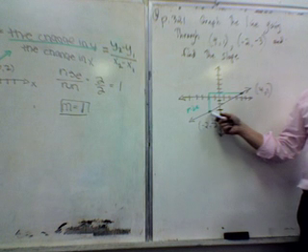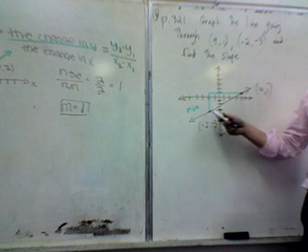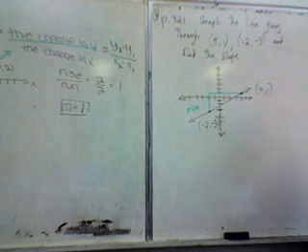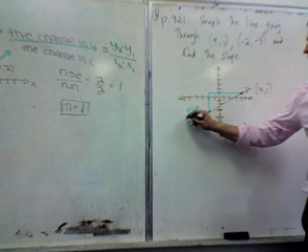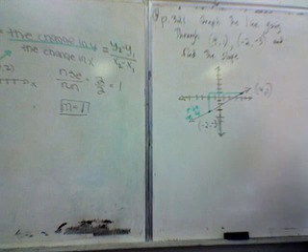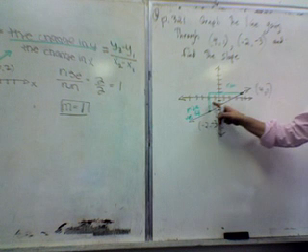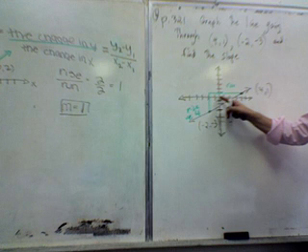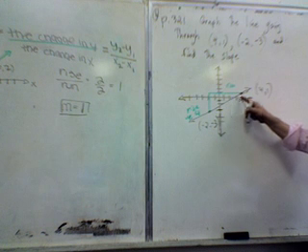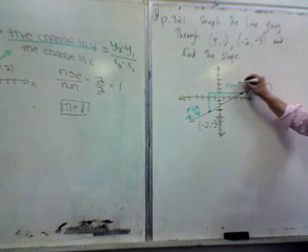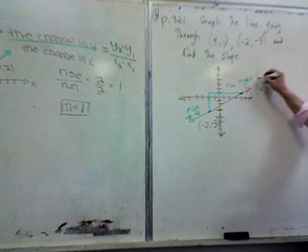How many do we rise? We rise from -3, right here, to 1. So how far do we rise? 4. Right, we rise up 4. So how far do we run? 6. Right, we run 6. We go from -2: 1, 2, 3, 4, 5, 6. We run right 6.